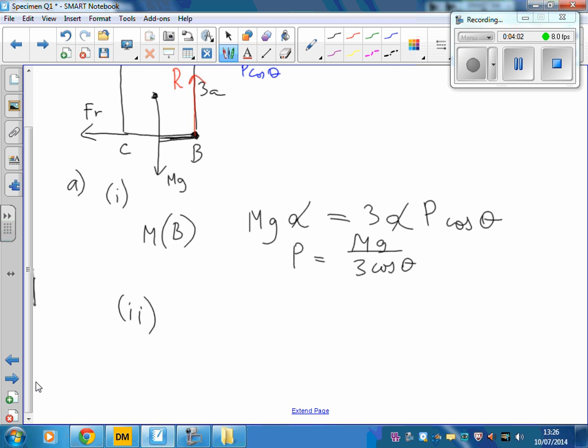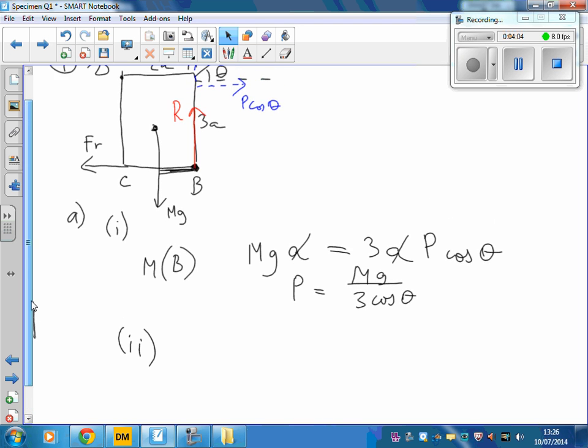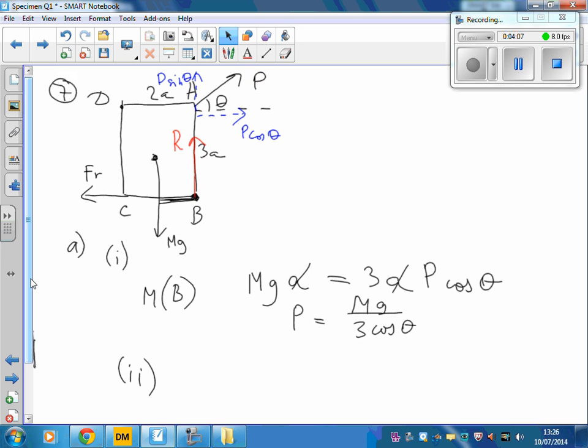For part II, again, let's have a look at the force diagram we have. If the block is about to slide, it means that the force diagram basically remains the same, apart from the fact that R hasn't reached its critical position where it acts through B, and the reaction force acts somewhere here.